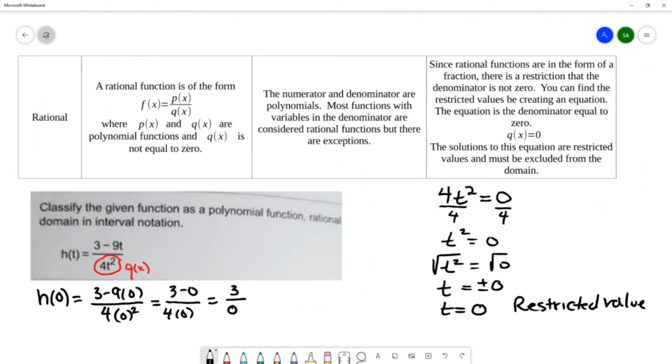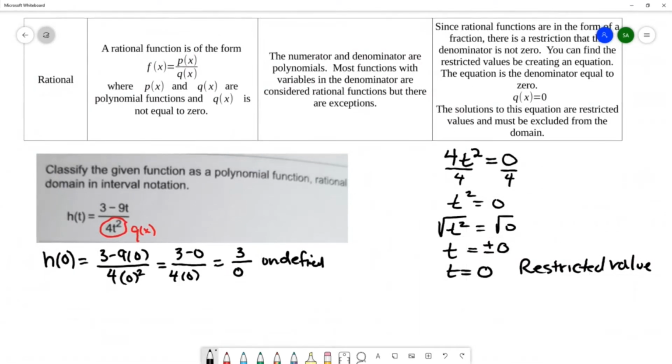And we have what is restricted, what is not allowed. Division by 0 is something that is undefined. So because 0 causes the function to be undefined, 0 is not in the domain of this function.